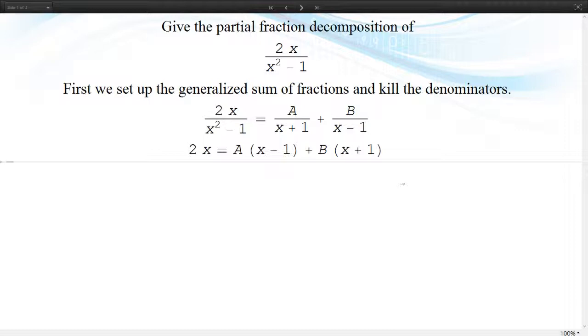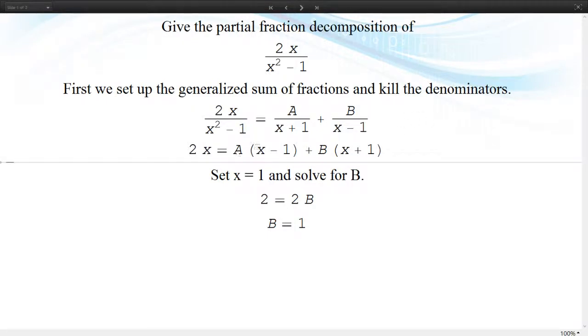And we'll kind of gloss over a little bit how to do this. The first step is to set up this particular equation in this particular way. After we do this, we want to solve for a and b.